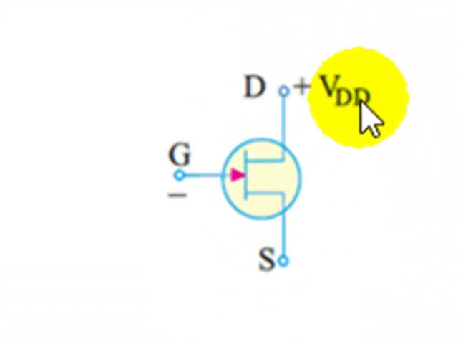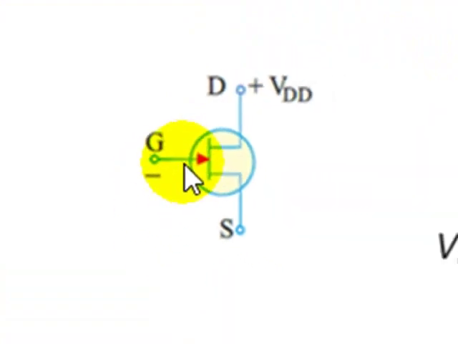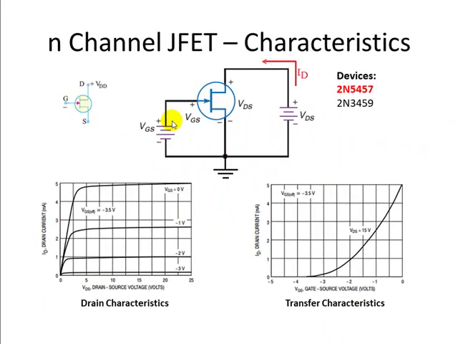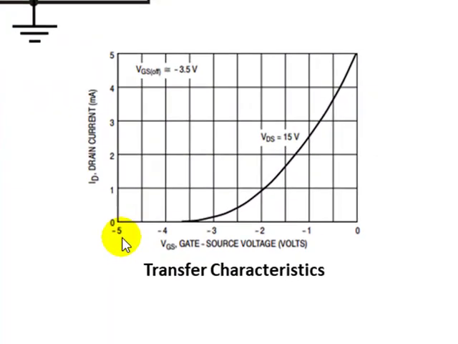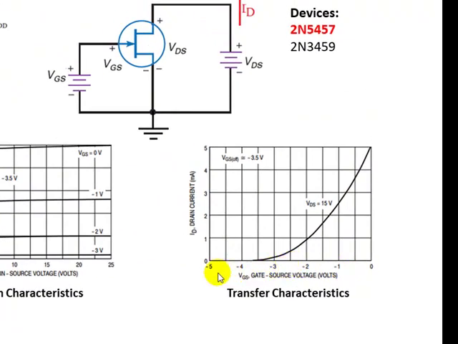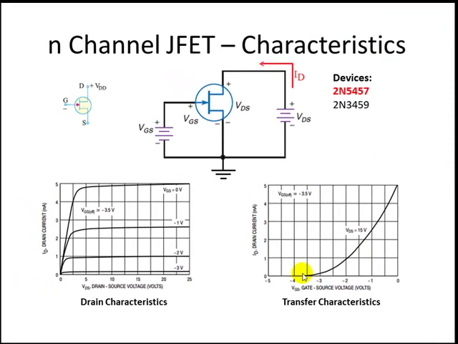VDS is positive, VGS should be negative. So we shall increase the negative voltage. That is shown in this graph. From 0 to -5, VGS is increased, negative voltage is increased, and as VGS becomes more and more negative, the current will drop. This is the transfer characteristic.